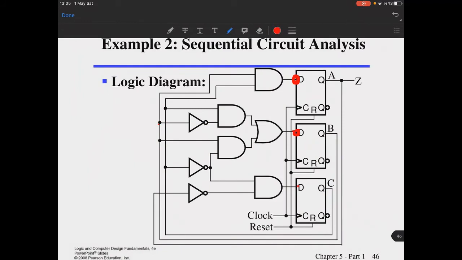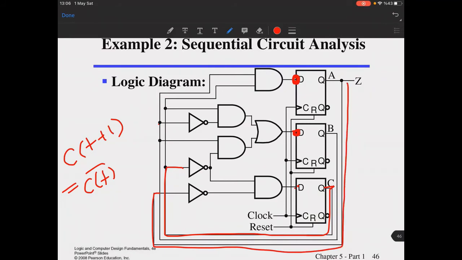And how about CT plus 1 here? CT plus 1 is this one, which is your CT0. That's right, I think. And this one is AT0.